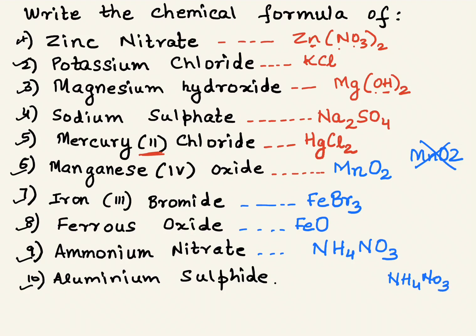Notice here, N is capital, O is also capital, right? Next one, aluminium sulfide. Aluminium has a valency of 3. So Al2S3.